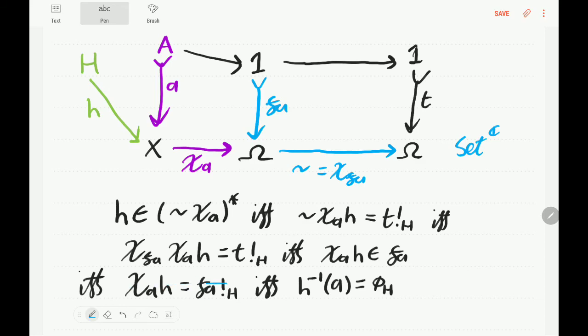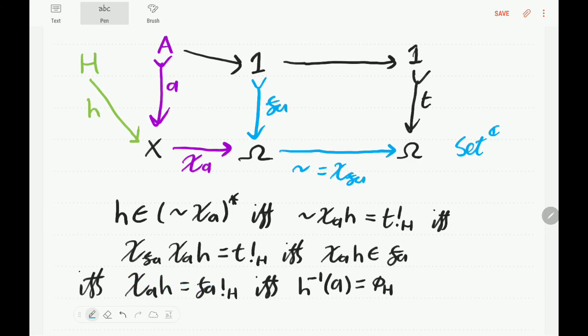And then if we look at this, these are both arrows from capital H to omega, and so they're going to be equal if and only if the subobjects they classify are equivalent.